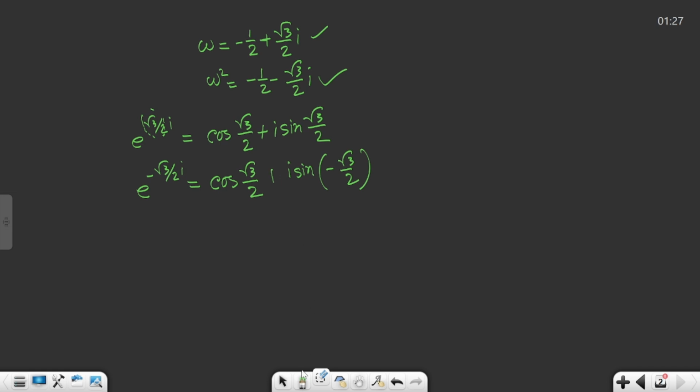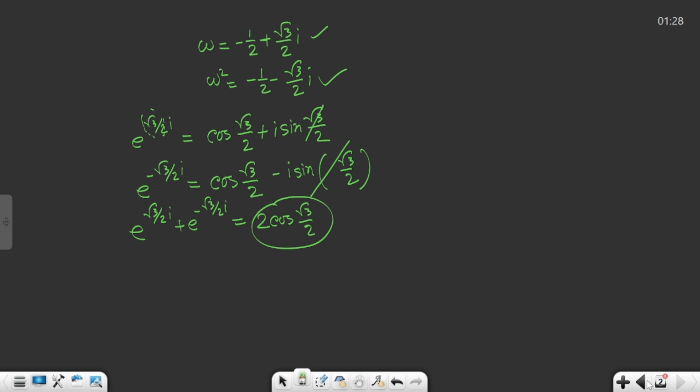So we will get a minus sign here, simple. Now if I add these two, we will get e to the power root 3 by 2i plus e to the power minus root 3 by 2i. Here these two sine terms will be cancelled out and we will get 2 cos root 3 by 2. Now this is a real function. This is a real value.